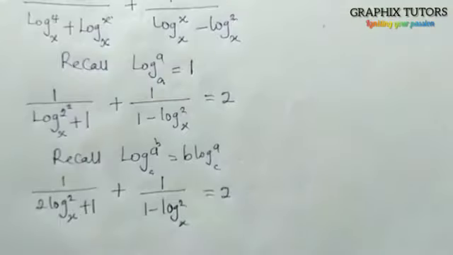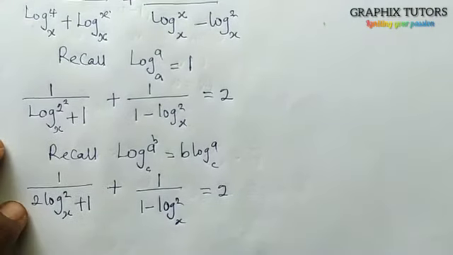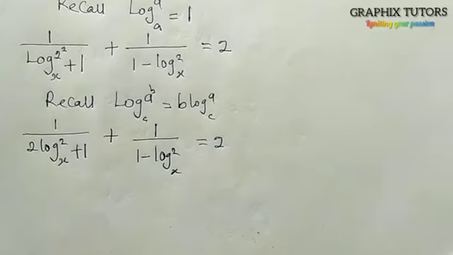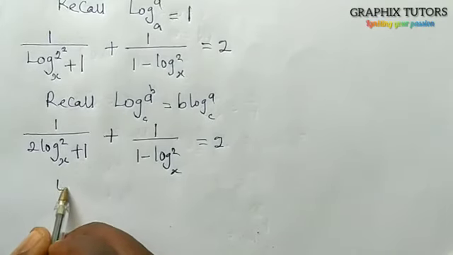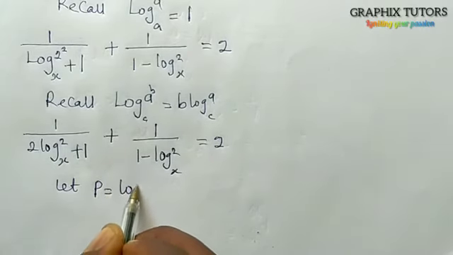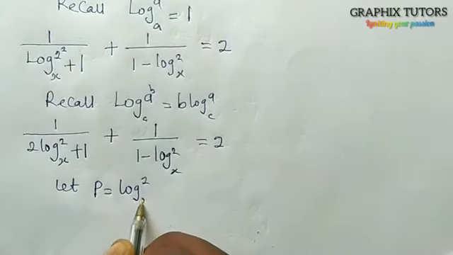Now in cases like this, to allow our solution to look more compact, smaller, we need to represent this log 2 to base x by a variable. So I can say let p be equal to what? Log 2 to base x.